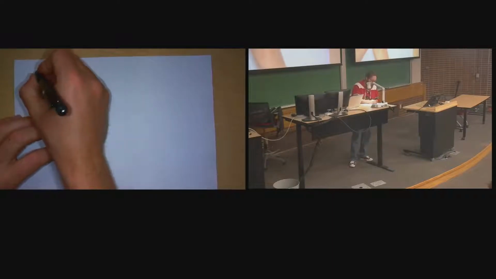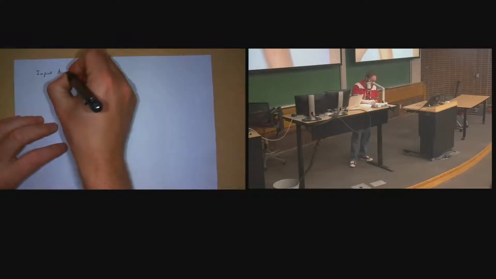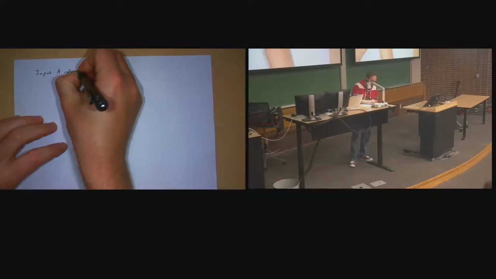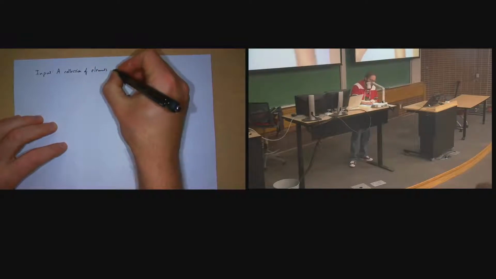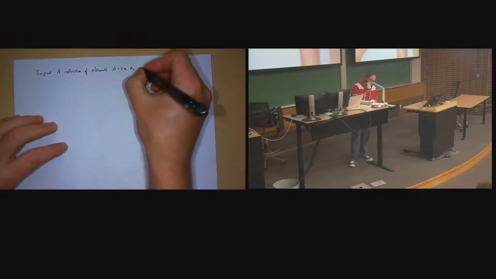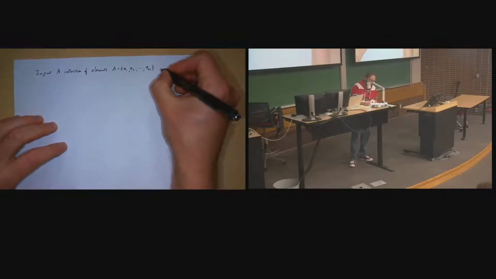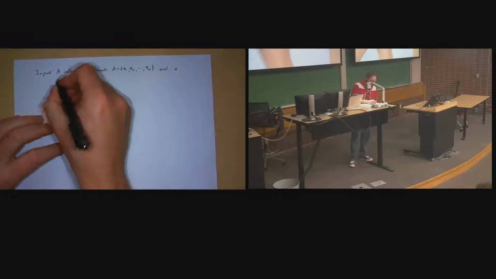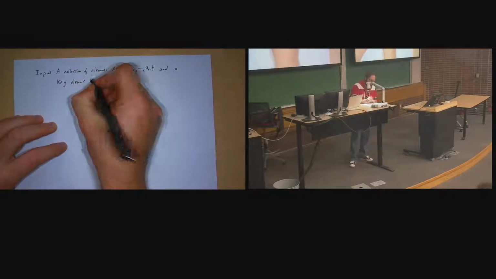The idea here is, let me start with identifying the input. All right? The input to this algorithm is going to be a collection of elements. I'll give that collection a name: A1, A2, ... AN. Right? And a key element, K. Okay?